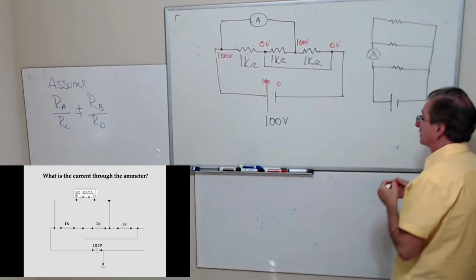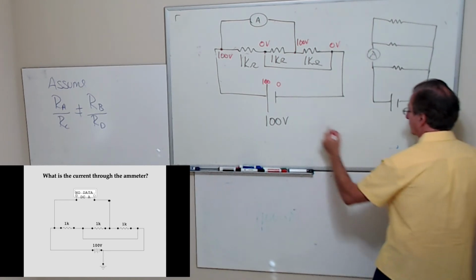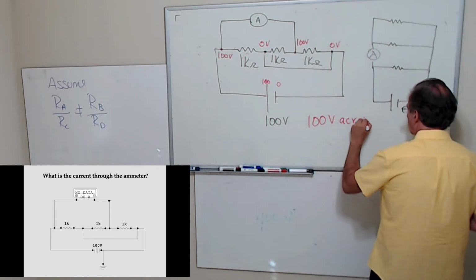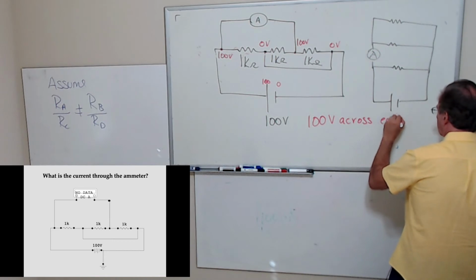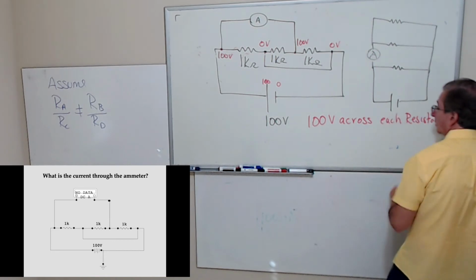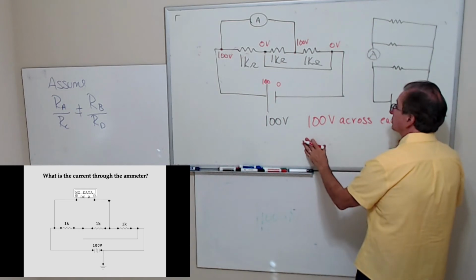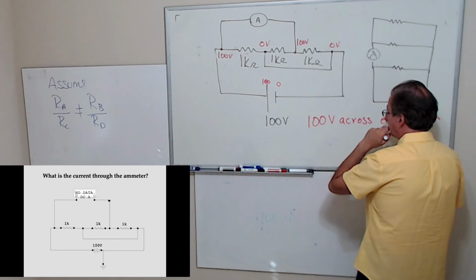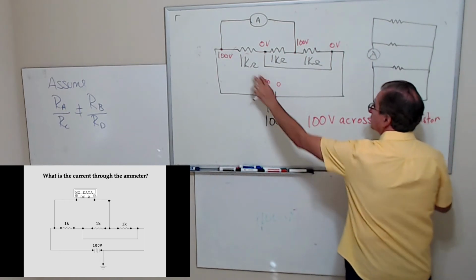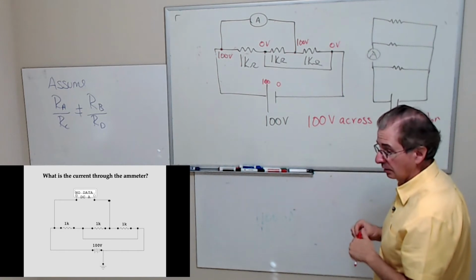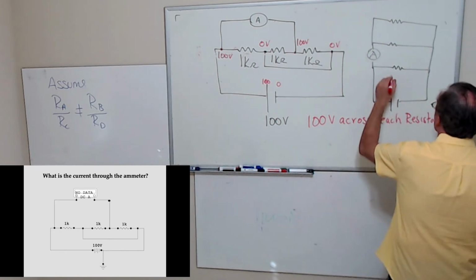Well, let me ask this. You have 100 volts across each one, right? A 100 volts across each resistor, but what's the current through each one? What's 100 divided by 1,000? It's 100 milliamps, right?